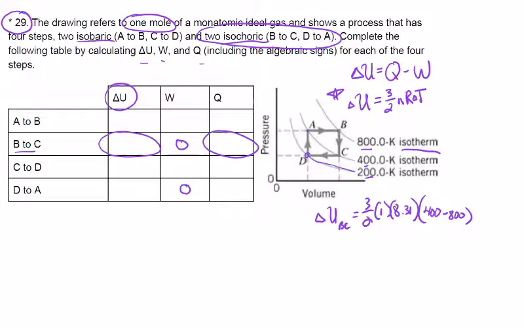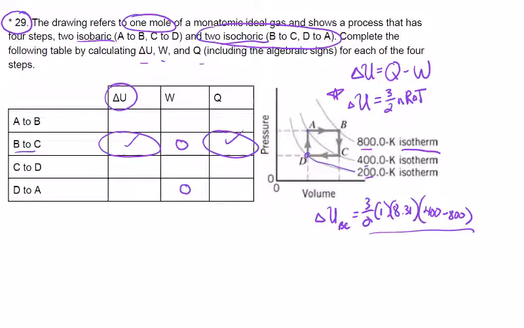In other words, I am actually decreasing the pressure on this thing. So if I decrease the pressure, that's going to decrease the temperature since they're directly related, and that's going to actually cause a decrease in my internal energy. So I just have to calculate this out, and bam, that's going to be that number, and that's also going to be that number.